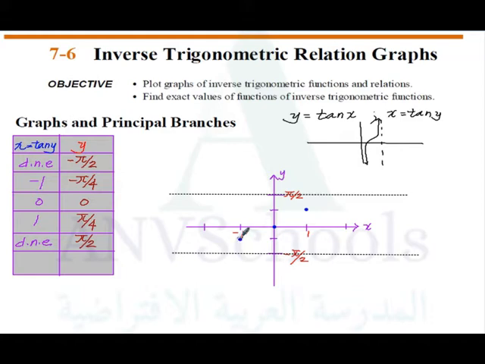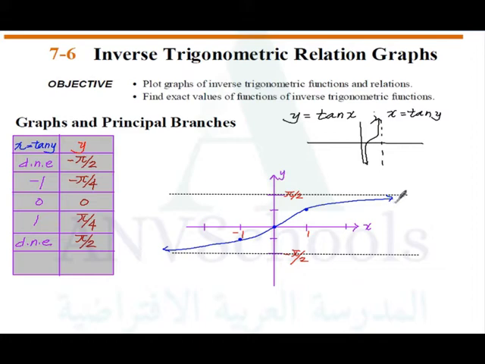Okay, so after that we can now actually trace the curves. So this would be like this. Okay, so this is our inverse tangent.